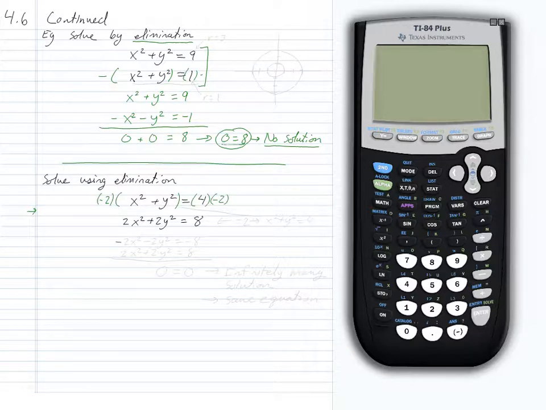That gives us -2x squared minus 2y squared equals -8. And our bottom equation is still 2x squared plus 2y squared equals 8. So when we add these together, we see that 0 equals 0. And this implies that there are infinitely many solutions.